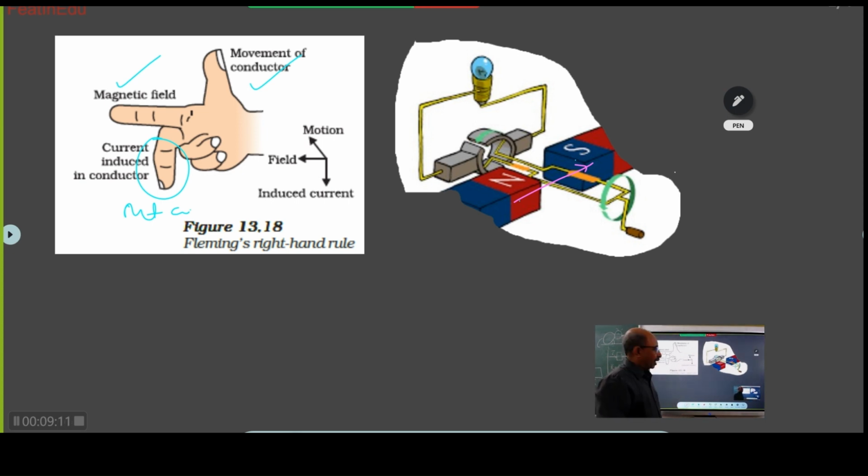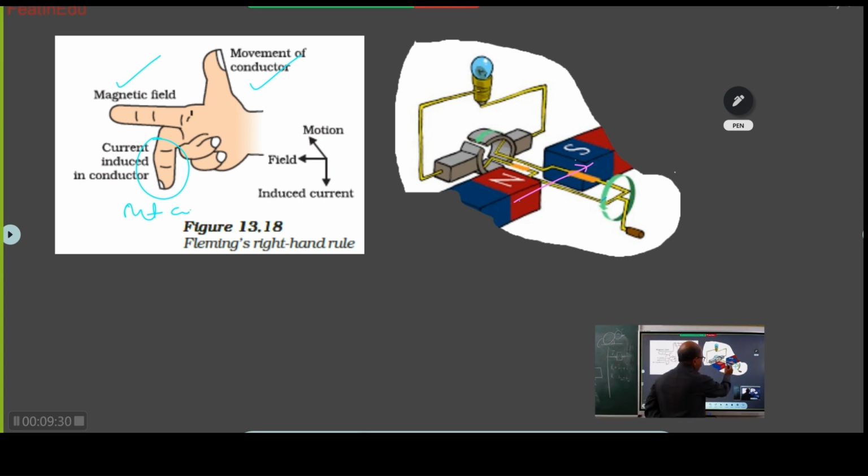So now here you can see that there is a handle. If this handle is rotated, what will happen? The coil will rotate.